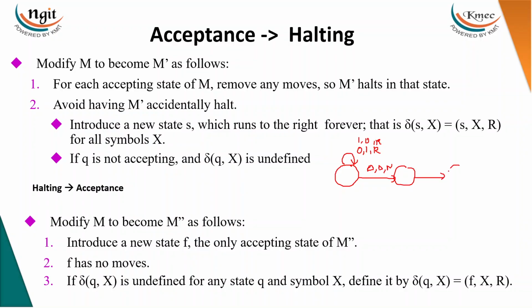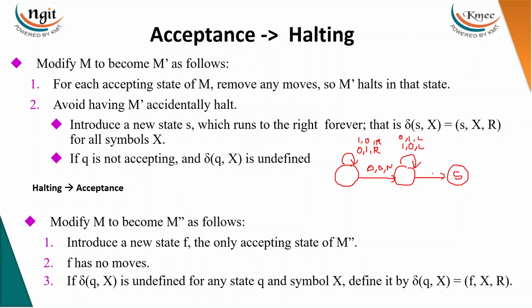Then I'm introducing a new state S, and it keeps on moving right. Whatever movements we had earlier, 1 0 L, 0 1 L, you take like that, and it has to reach the state.